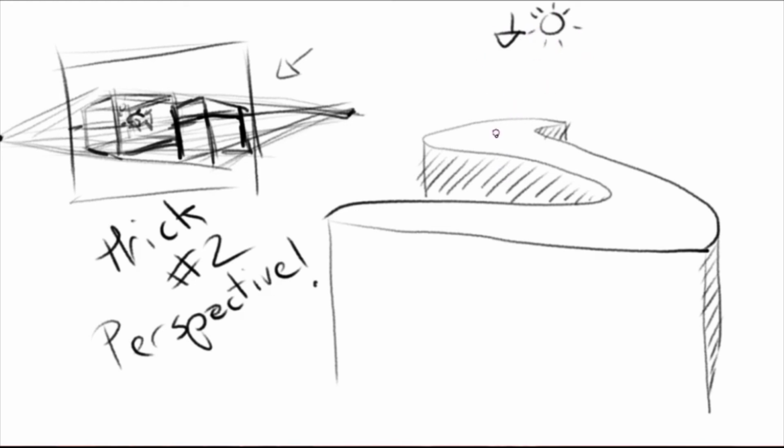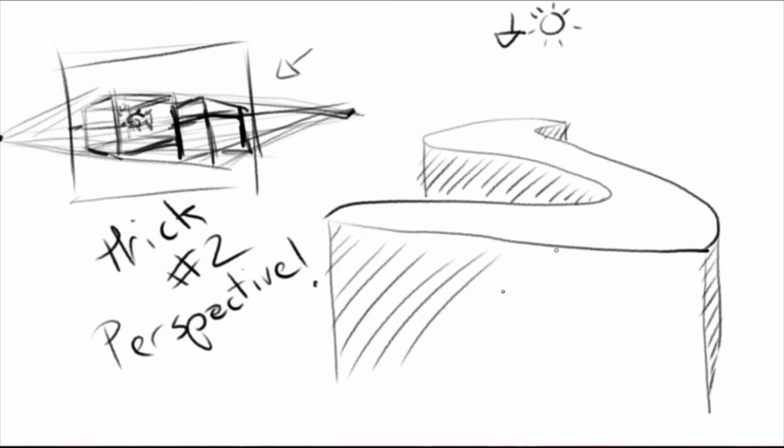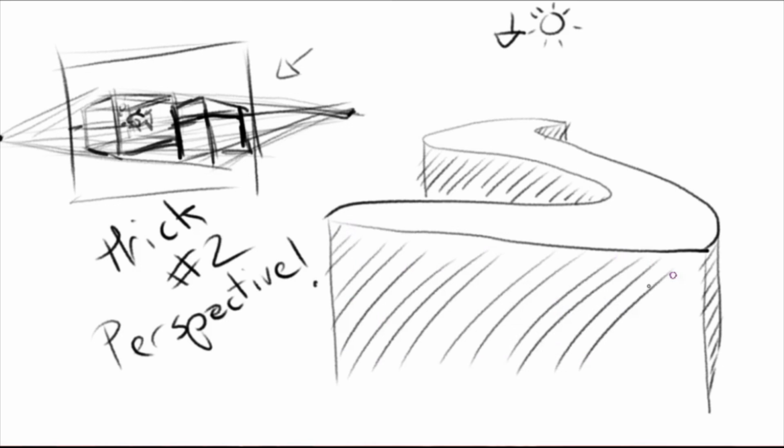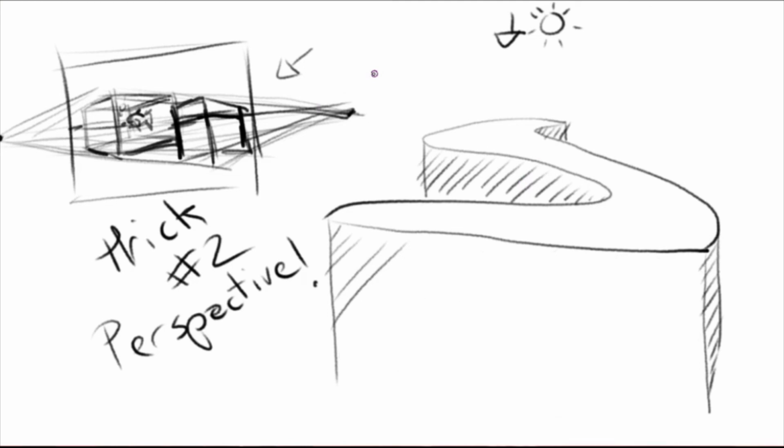With this, I can say the light source is coming directly from above because it's only the sides that are in shadow and the top is all lit up. Okay? But if I were to change where the light's coming from, I'll go ahead and take this out.